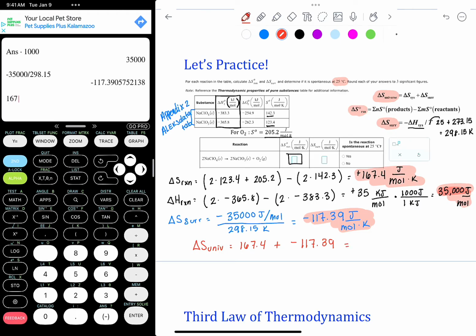So we take 167.4, add to that negative 117.39, and we get out positive 50.01 joules per mole Kelvin. Based off of the chart that we looked at earlier on the second law of thermodynamics, if the delta S of the universe is positive, then this is a spontaneous process. So when the question asks, is the reaction spontaneous at 25 degrees Celsius, we can answer yes, because this value is positive.